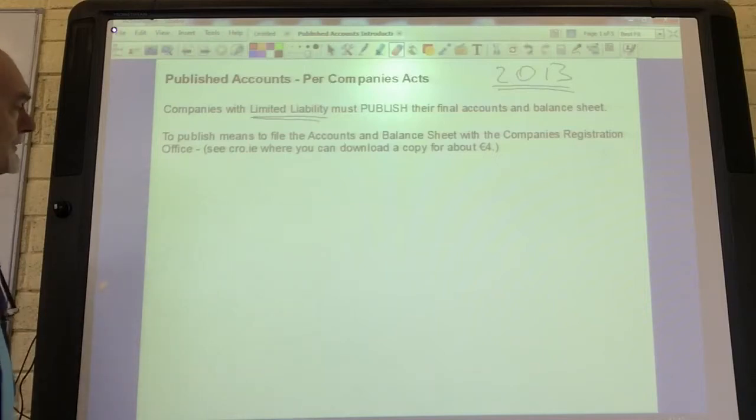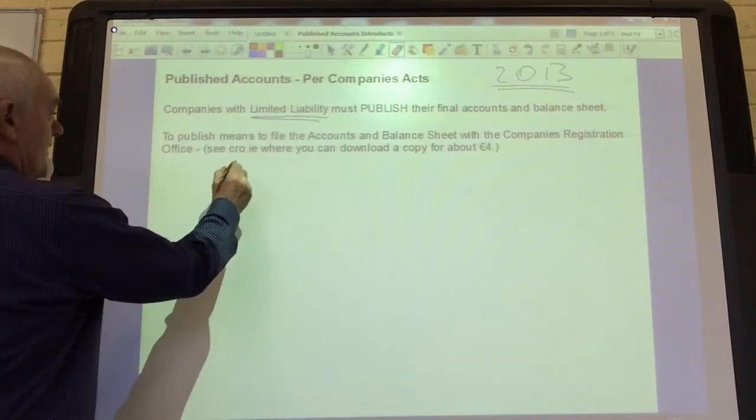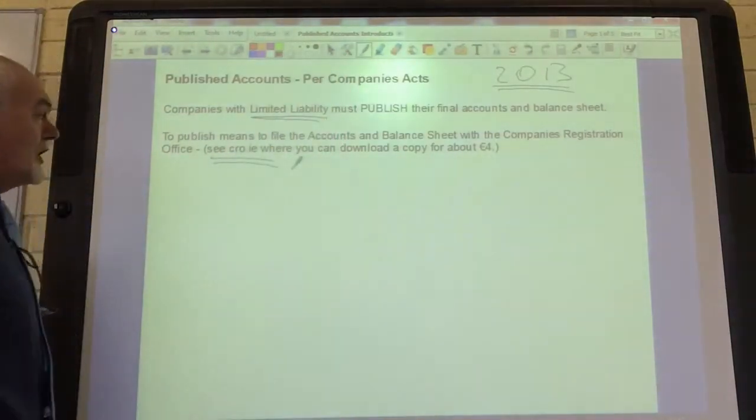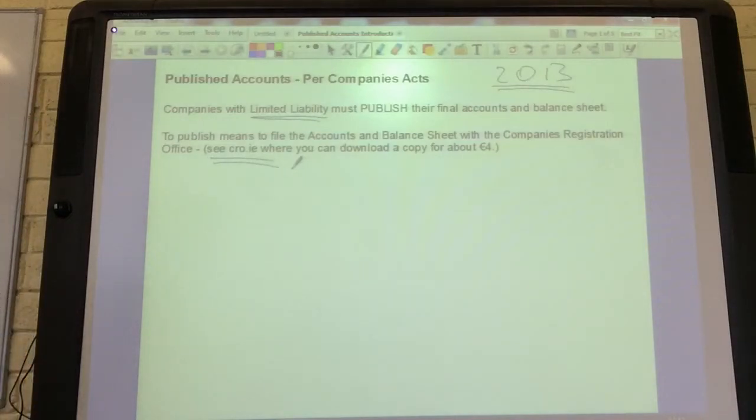You can check out what published accounts look like by going to the company's office website at www.cro.ie, and you can download at the moment copies of the final accounts and balance sheets for around €3.50, €4.